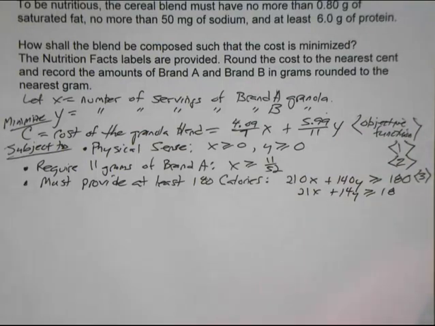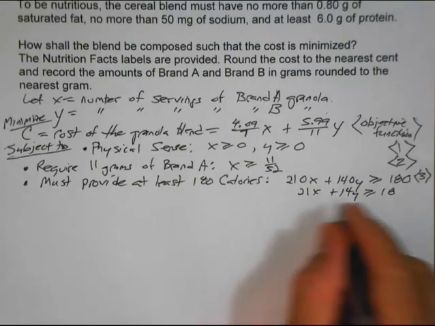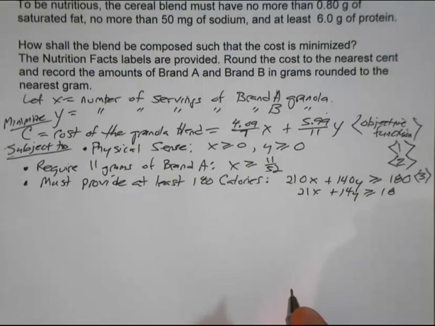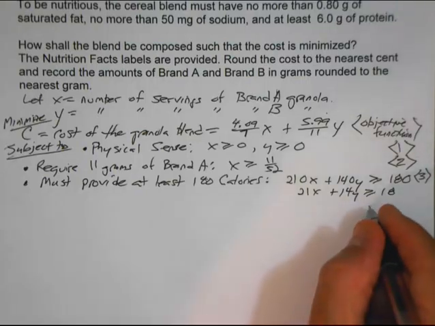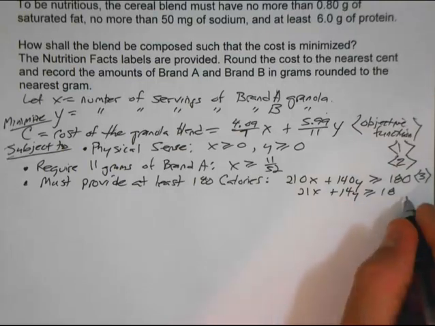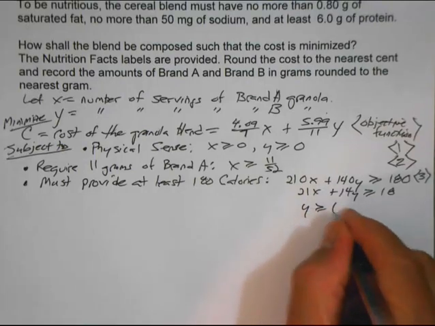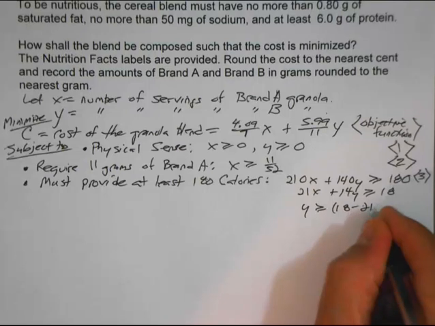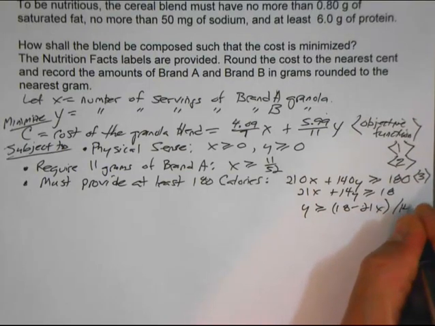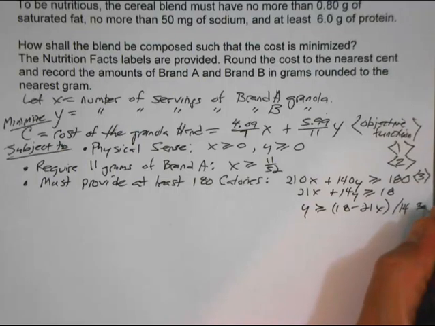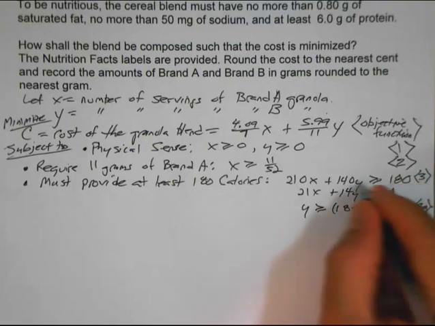Thinking ahead to using the TI-Nspire, if we're going to start graphing two-variable inequalities like this, we need to have y solved for to have a useful graph. So let's do that right now. Subtract 21x from both sides, then divide both sides by 14. We would have y greater than or equal to 18 minus 21x, divided by 14. That could be 3a, an inequality derived from the fundamental inequality 3.